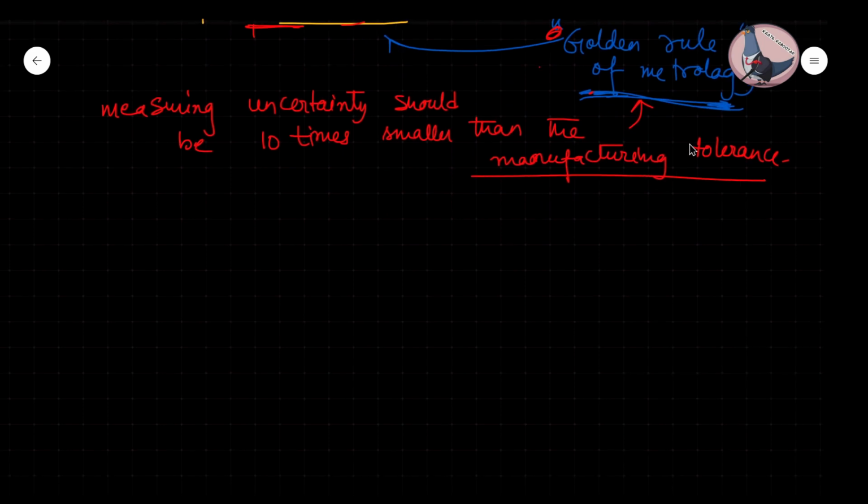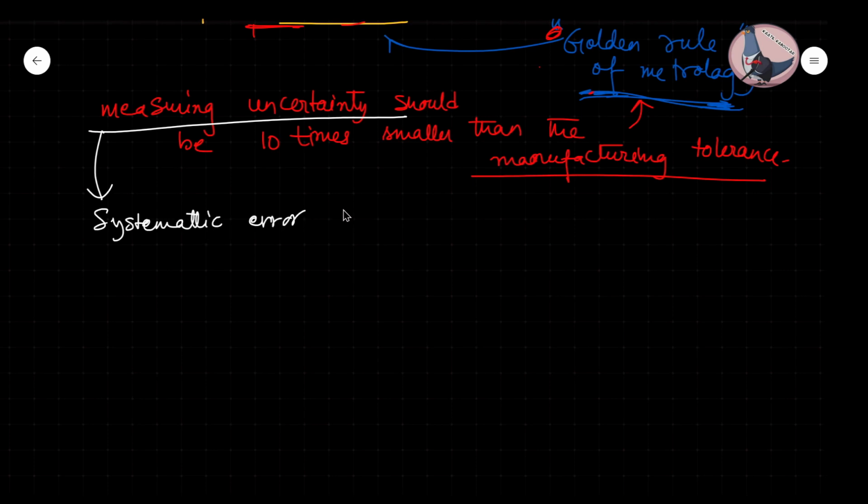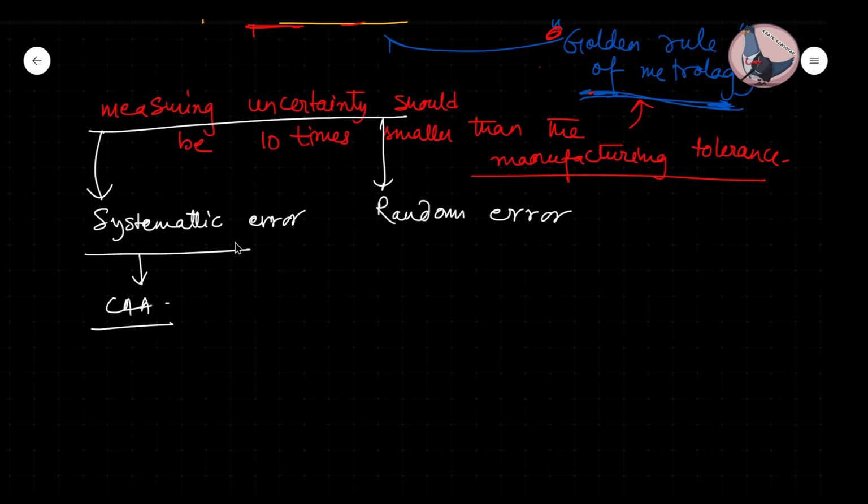These measuring uncertainties can come due to systematic error, or due to random error. The systematic error can be corrected by CAA, because systematic error means you know where these errors are coming from.